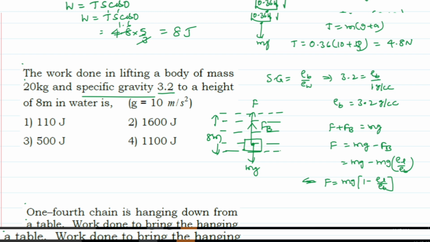When you simplify this, you got the force. Now work done is equal to force into displacement. The external force and displacement are both in the same direction, so theta is 0.